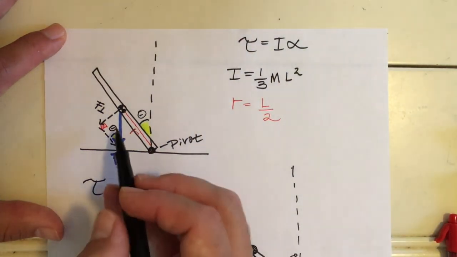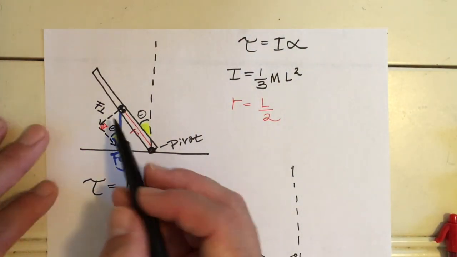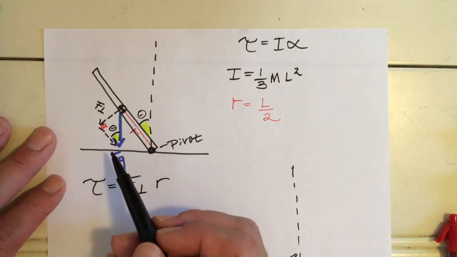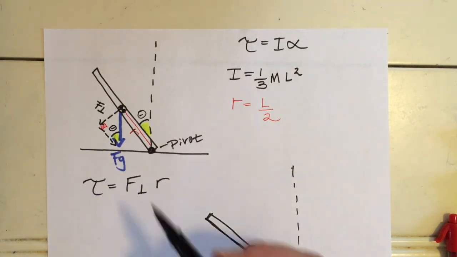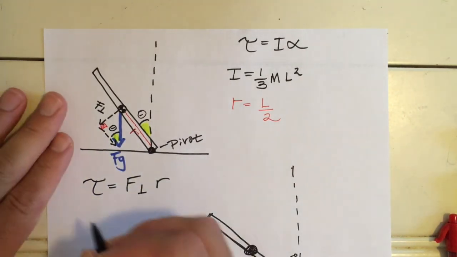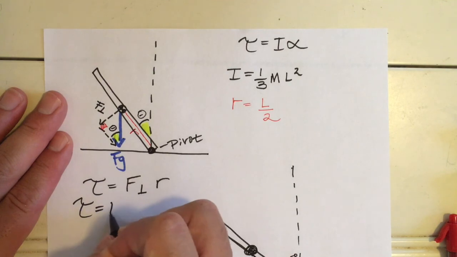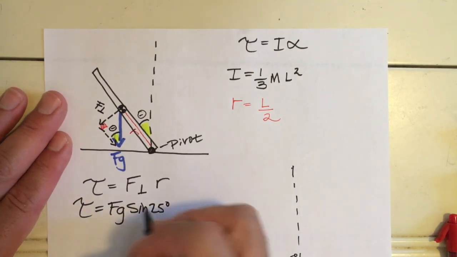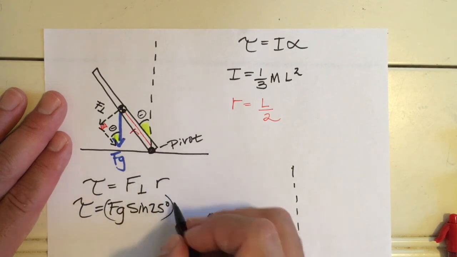And we can see that for this triangle, F perp is opposite theta. And so F perp is going to equal Fg sine 25. So I'm saying torque is equal to Fg sine 25 degrees times R.